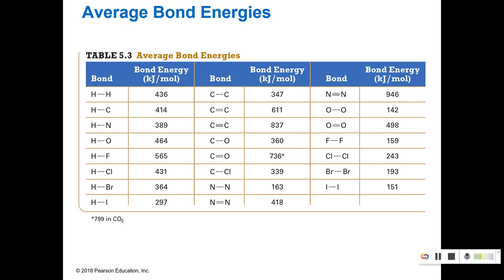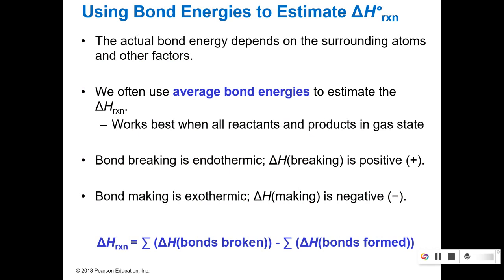Here is a table of bond energies in the event you need to calculate them. Okay? If you need to calculate them, you will be given them in a problem. Not for Mastering Chemistry, but for a quiz or a test. So to calculate bond energy, it's the change in enthalpy, which is delta H. Change in is delta.